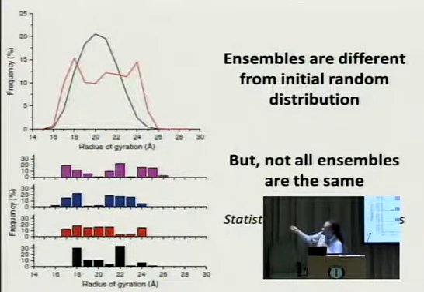But if you go look ensemble by ensemble, you actually see very different properties, and that's something that in the literature is not obvious. So it looks like if we are building different ensembles, we are getting the same fit to the data, but the properties of the structures within the ensemble are not always the same. You see this ensemble contains extended structures, but this ensemble actually contains a combination of compact and intermediate structures.